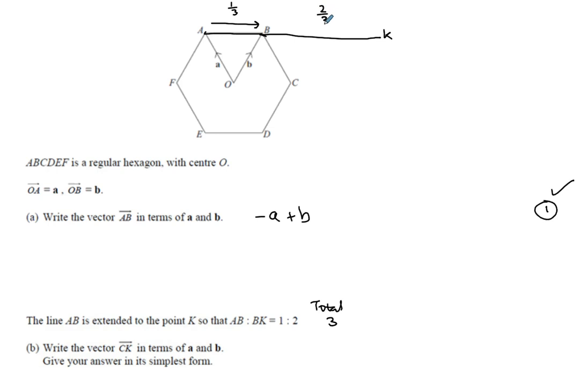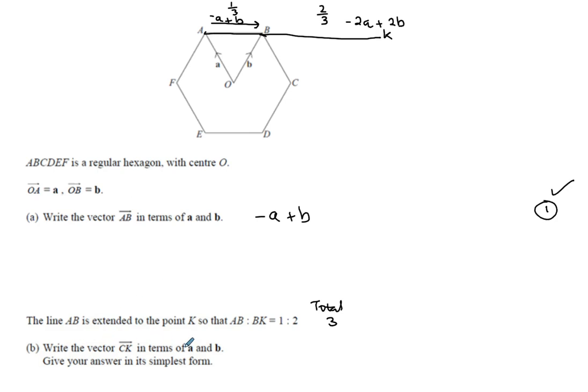And because we found AB already, we can already say, if that's minus A plus B, then that one's just going to be double that, so minus 2A plus 2B. I don't normally write the vectors, but this one just seemed to follow because we just calculated that one.